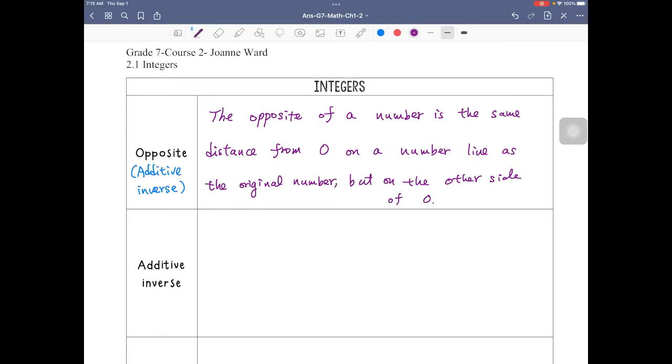So this concept is important: the opposite of the number has the same distance from 0 on a number line.